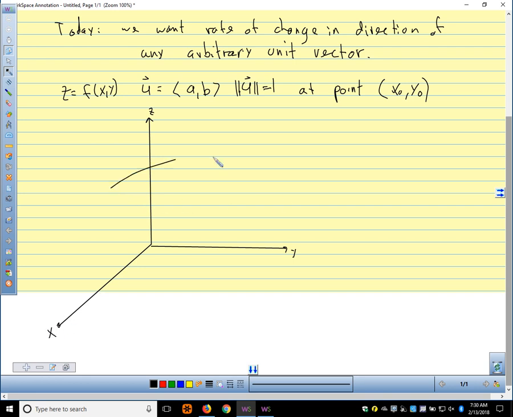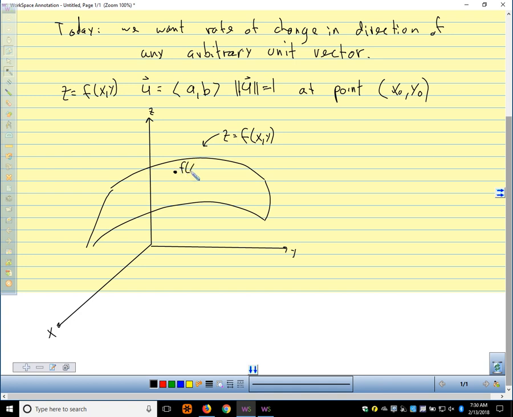So here's our surface, z equals f of x, y. And we're at some particular point. There's f of x0, y0. And here's a curve that goes to some other point, f of x, y.